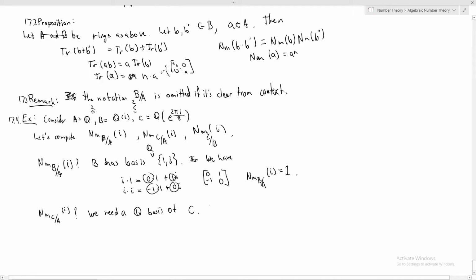Sorry, not all the 8th roots of unity, and not all the primitive ones either.